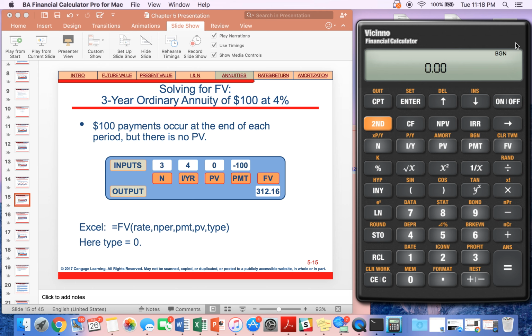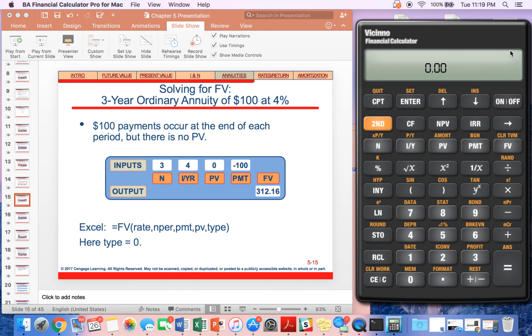So if you clear out, now we have this designation BGN up here, which means that we're ready to calculate an annuity due. In this question, we just want to calculate an ordinary annuity, so we can switch back our calculator by pressing second, beginning. It tells us what mode we're in, and then second, enter, puts us into the other mode in the calculator, which is end, okay? We know that we're in end because nothing's up here in the right-hand corner.